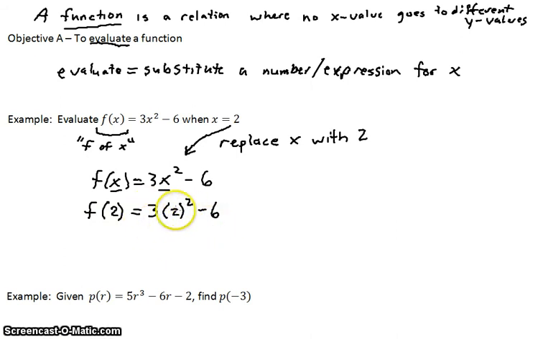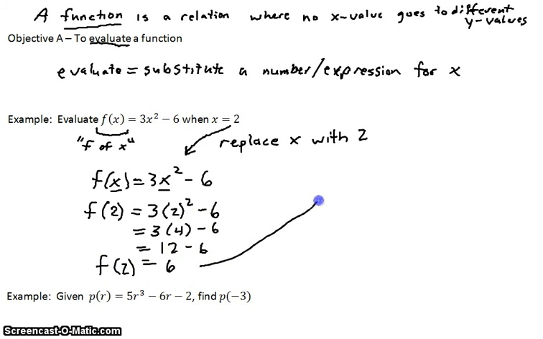So in order of operations, I have to deal with exponents first. So the squaring of 2 gives you 4, so it's 3 times 4 minus 6, or 12 minus 6. So my answer is 6. So all of this just means that this function at 2 is equal to 6.